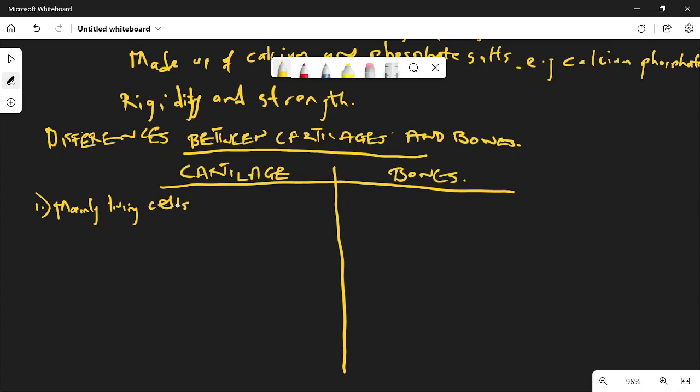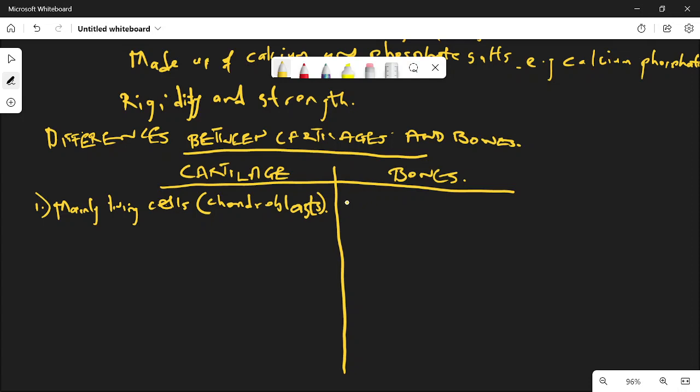These living cells are called chondroblasts.